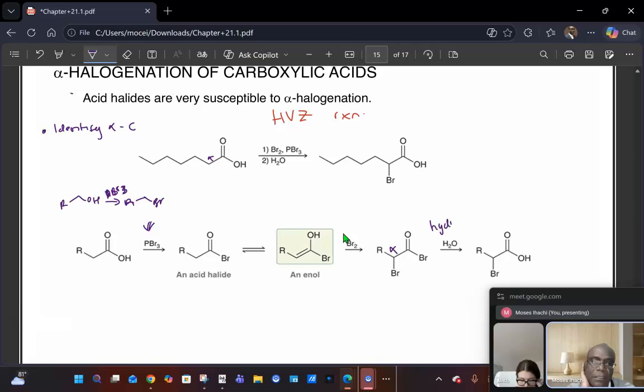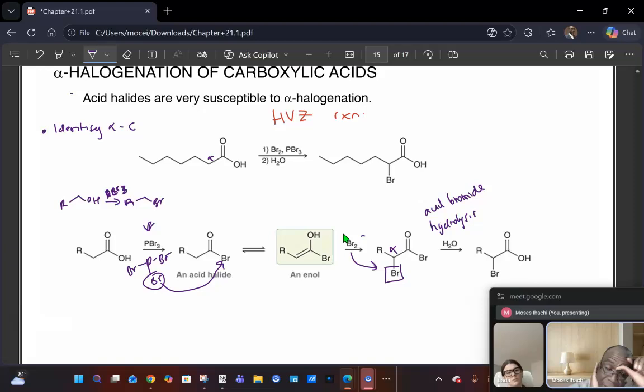This is just hydrolysis. The Br2 just adds this. No. The PBr3 adds that by an SN2 reaction.